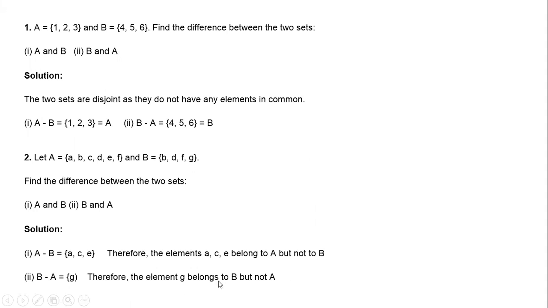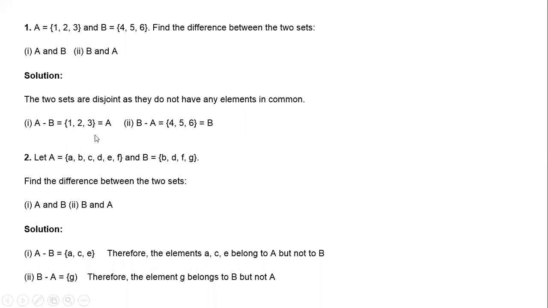Now see here. A is equal to 1, 2, 3, B is equal to 4, 5, 6. Find the difference between A and B. What is A minus B? See here, 1, 2, 3 and 4, 5, 6. These two are disjoint now, because no element of A is common to B. So A minus B is equal to 1, 2, 3, which is equal to A only.